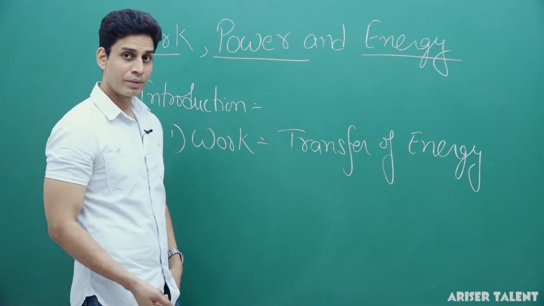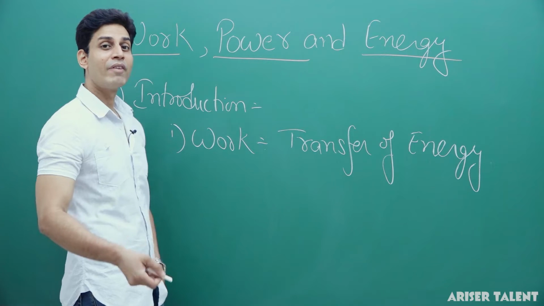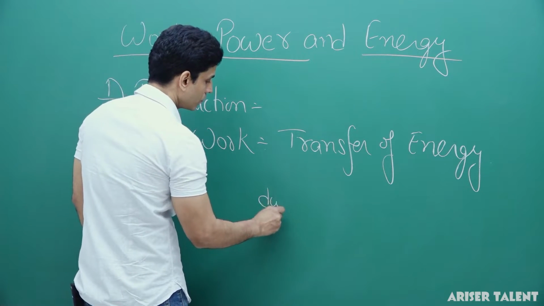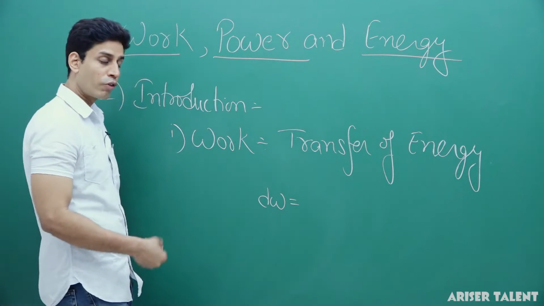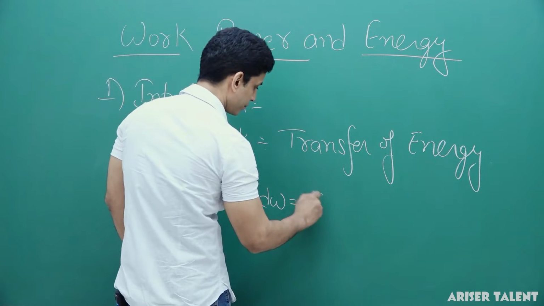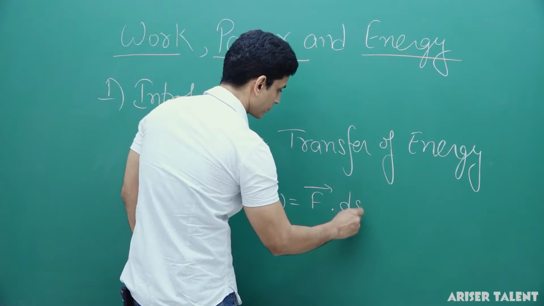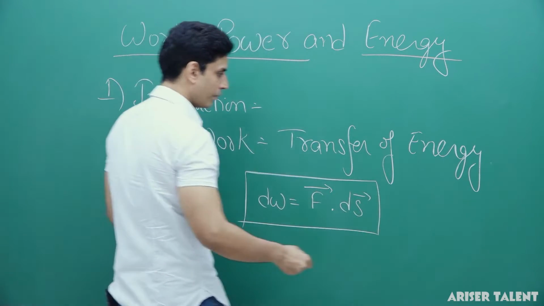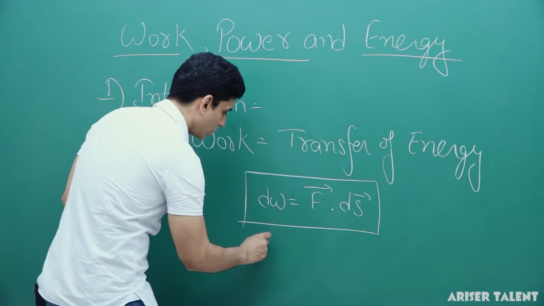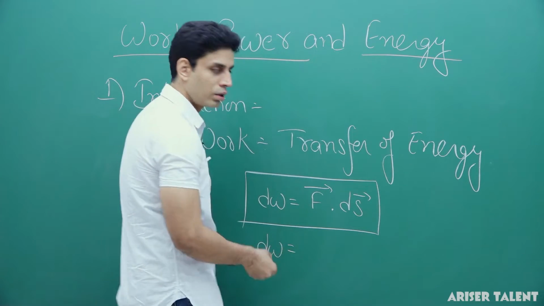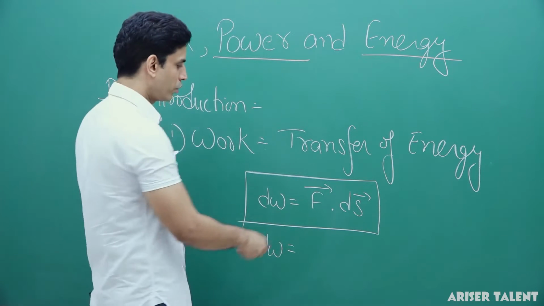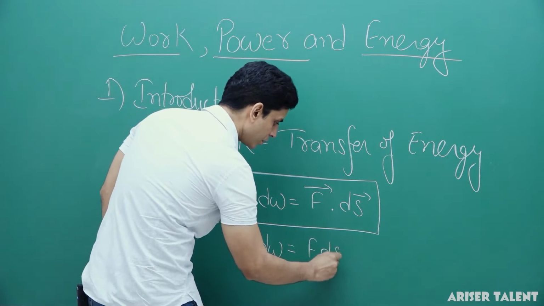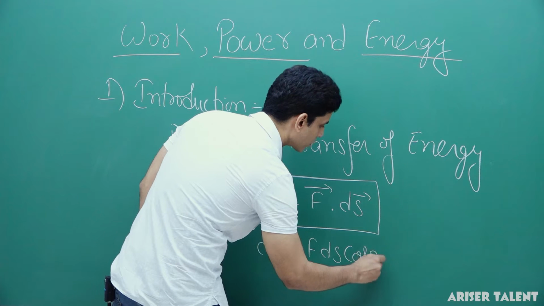And as everybody keeps saying, work is the dot product of force and displacement. Or dW, a small work for a small displacement ds, is F ds cos theta.